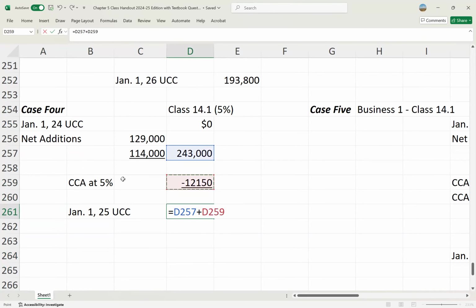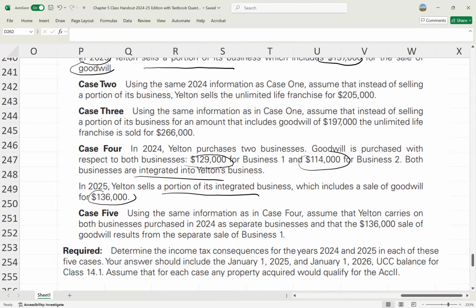Once again, we're in 2024, so the accelerated investment incentive is at 100%. So we don't have to make any adjustments to the 243,000. Then we move on to what happened in 2025 for case 4. In 2025, Yelton sells a portion of its business, and that includes the sale of goodwill for 136,000.